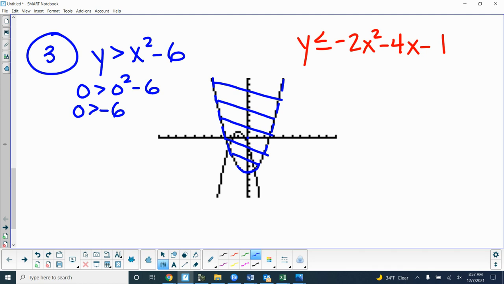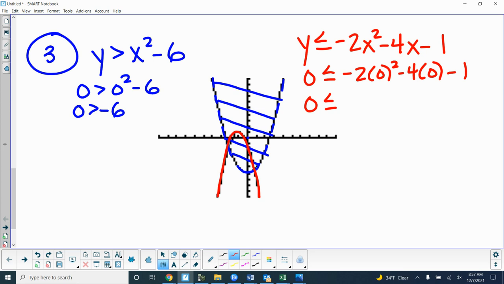For the red one, is it solid or dashed? Solid. It's got the equal to, right? So this is solid. Now, I can use 0, 0 as a test point, right? Let's use 0, 0 again. Okay? Put 0 in for y and 0 in for x. And it's still 0 on the left. And over here, 0 squared times negative 2 is 0.